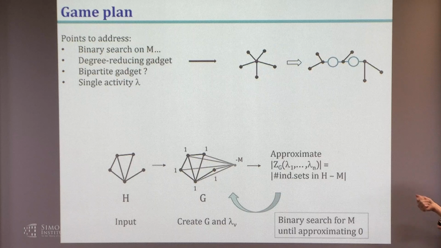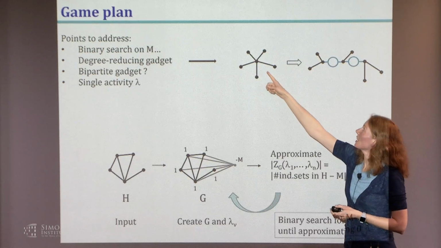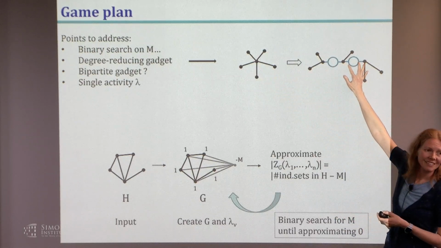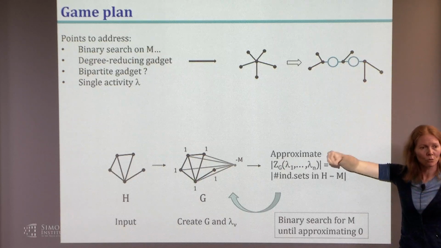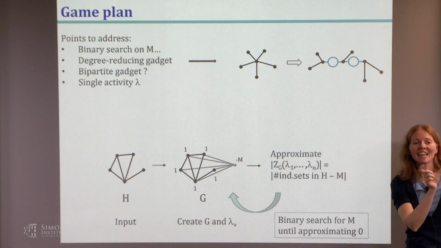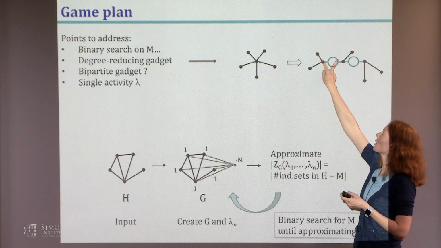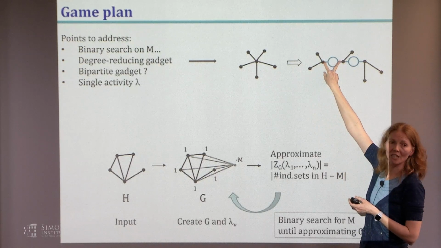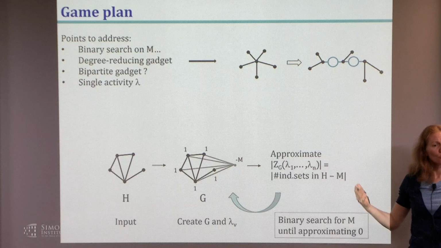And so when we have a graph of a larger degree, we can just split the vertex of a larger degree into multiple vertices, connect them with a gadget that enforces that these two endpoints have to be either both in or both out, and we've reduced the degree.